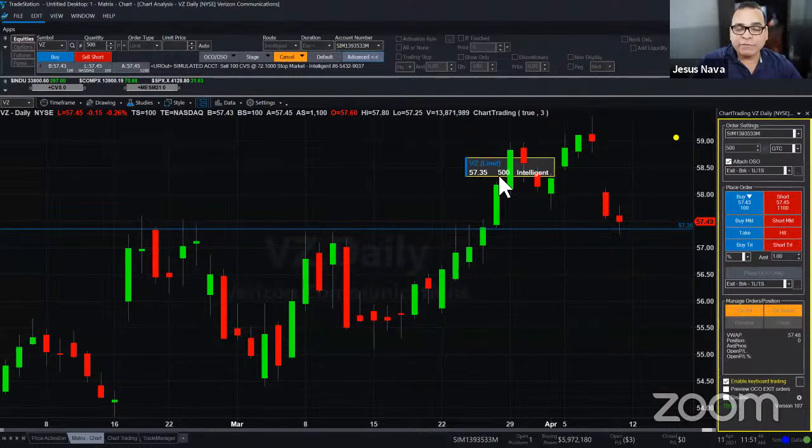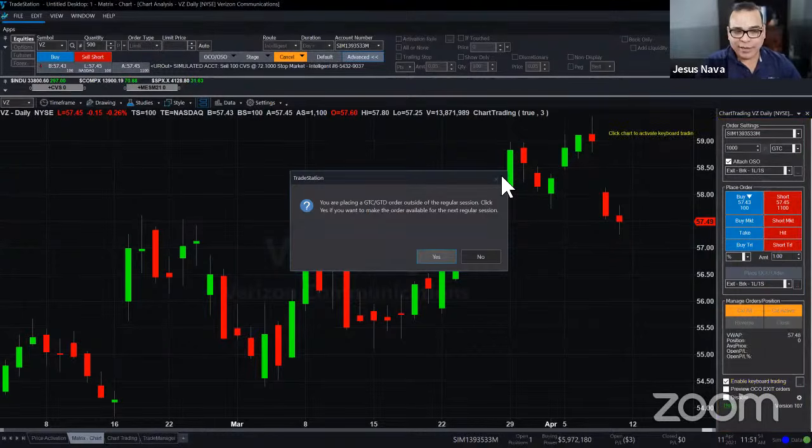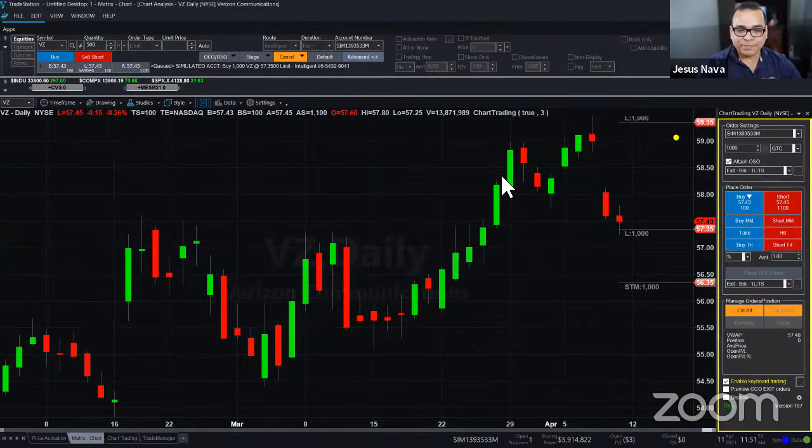And if instead of trading 500 shares, I want to trade 1,000, I press the page up key for 1,000. Once I have my trade the way that I want, I hit the enter key, and then it places the trade. You see how cool that is?